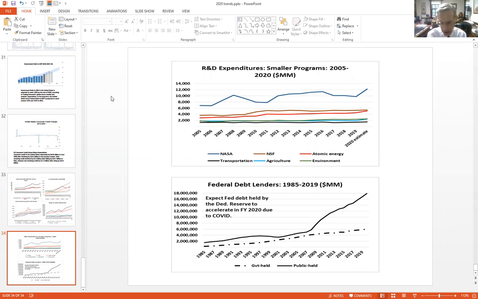National Science Foundation, the Atomic Energy Commission, the brown and the red lines. The transportation, sadly, and agriculture are not recipients of a large amount of expenditure funds.